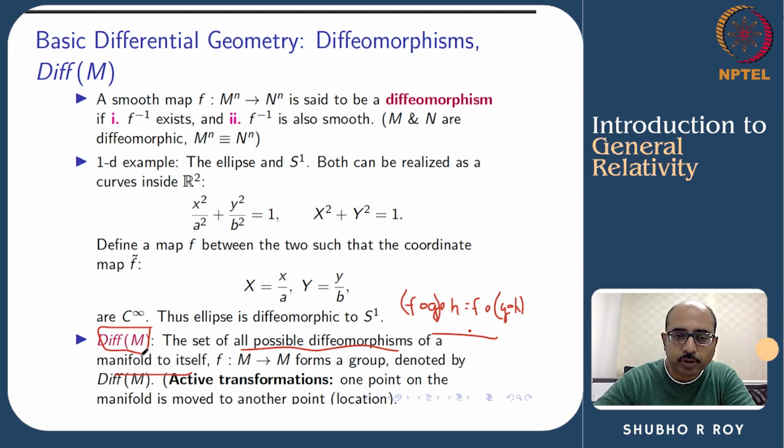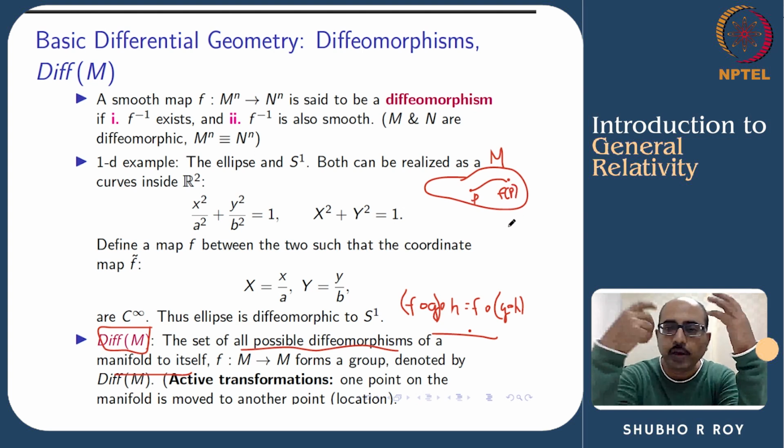So this is very important in physics, especially in GR, because this gives you the set of active transformations. So let me just draw this manifold M, and then under diffeomorphism, some point P is moved to some other point on M, which is called f of P. If you recall from your undergrad, there are two ways of thinking about symmetry.